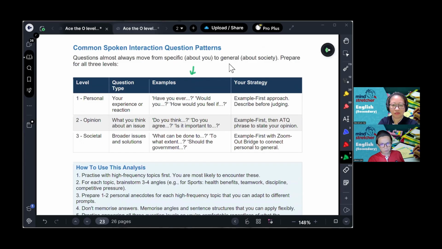Have you ever, how would you feel if, so on the personal level. And then after that, they might ask, what do you think about, do you agree, is it important? They might not ask all three questions. Most of the time, it's just two questions.